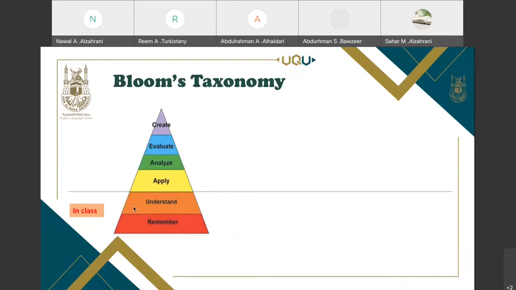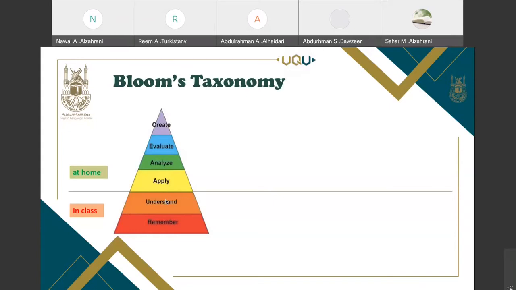And the other higher levels of thinking that involve application, analysis, evaluation, and creation, they are done at home, while the student is doing this alone. Okay, so sometimes application can also be done at home. Sorry, in class, this is in between, but I'm referring to the other higher levels of thinking to be done at home.